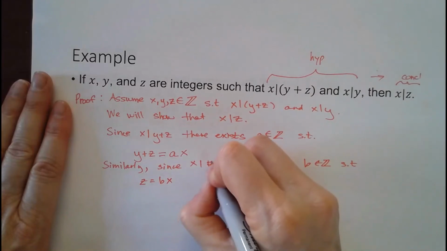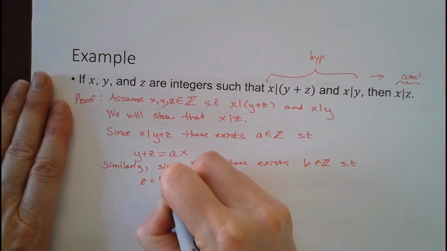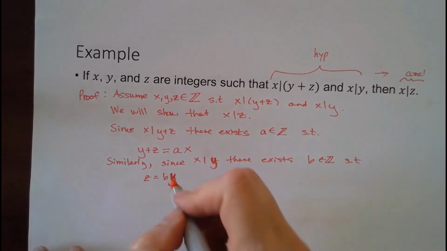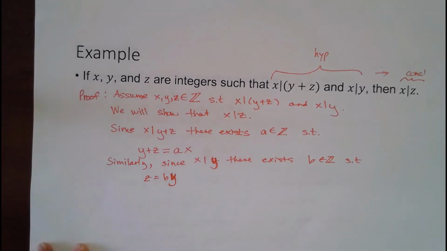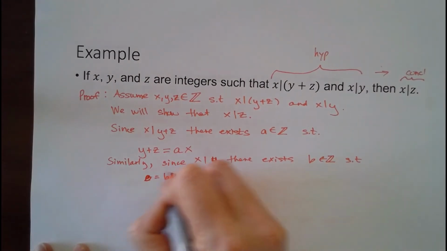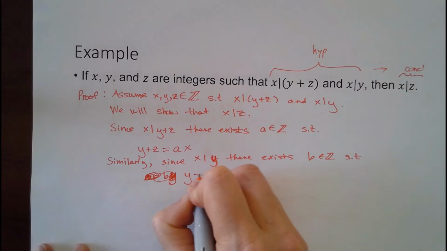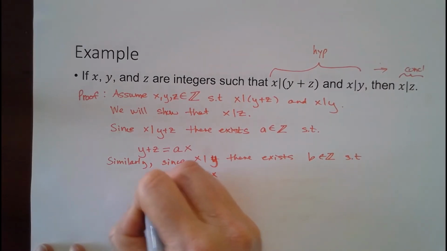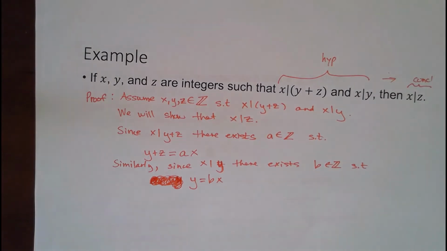Thank you. I changed the wrong one. Y equals b times x. So that doesn't look right. Okay, there we go.